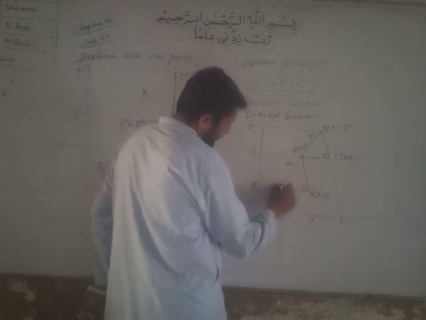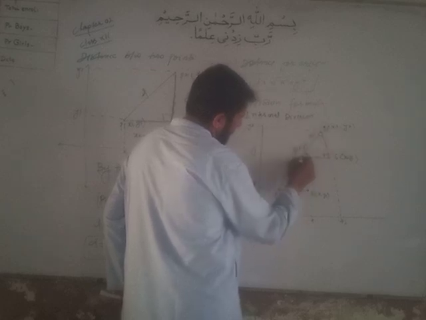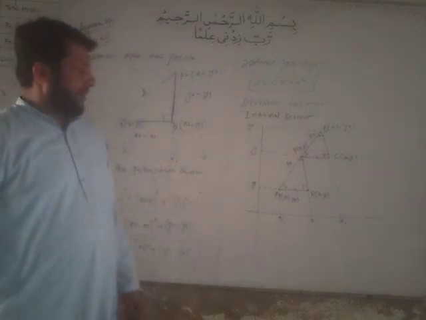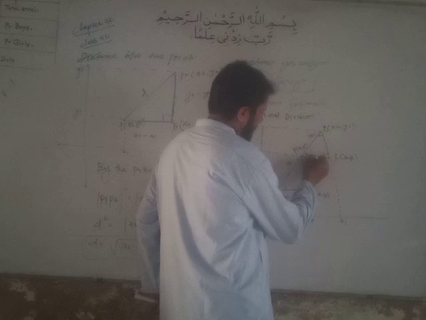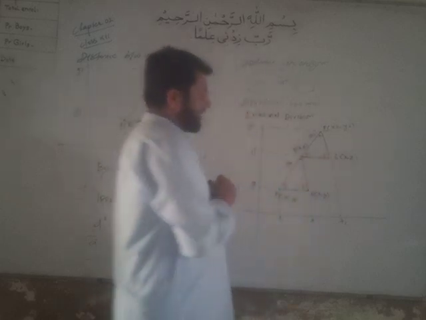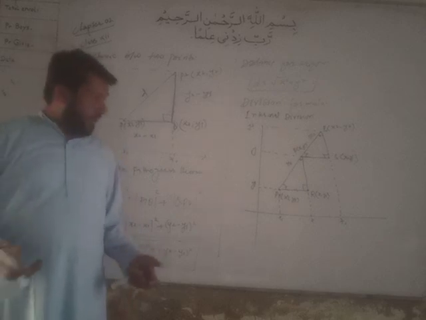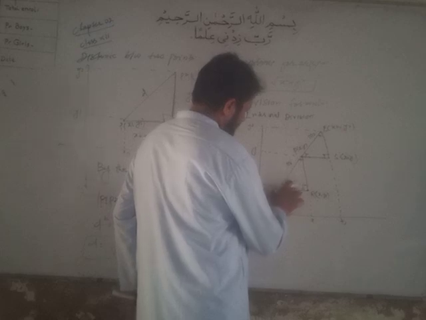This angle and this angle are congruent. This angle and this angle are congruent. Now sides may not be congruent. Sides are not congruent, but angles must be congruent. Corresponding angles must be congruent, and we can say that the ratio of corresponding sides is equal.